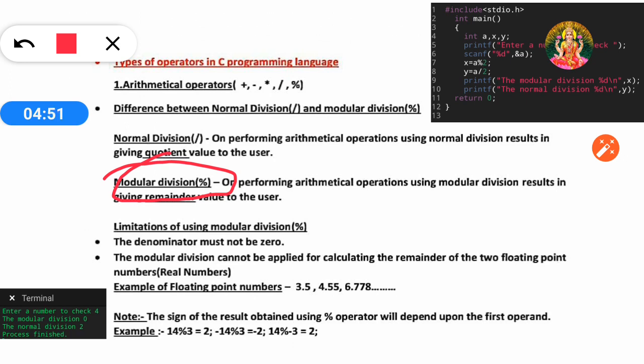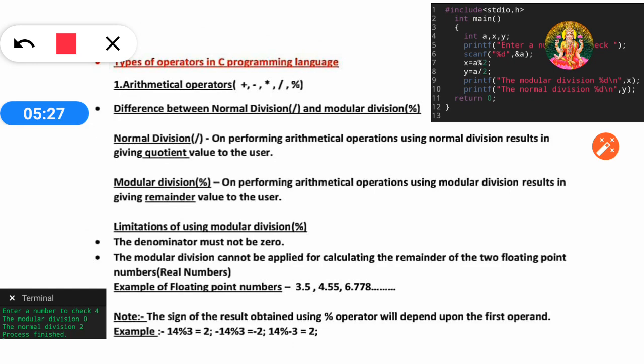Performing arithmetical operations using modular division results in giving the remainder value to the user. So using modular division will give the remainder value, and using normal division will give the quotient value. So in C programming language, a user can get the quotient value, or can also get the remainder value.